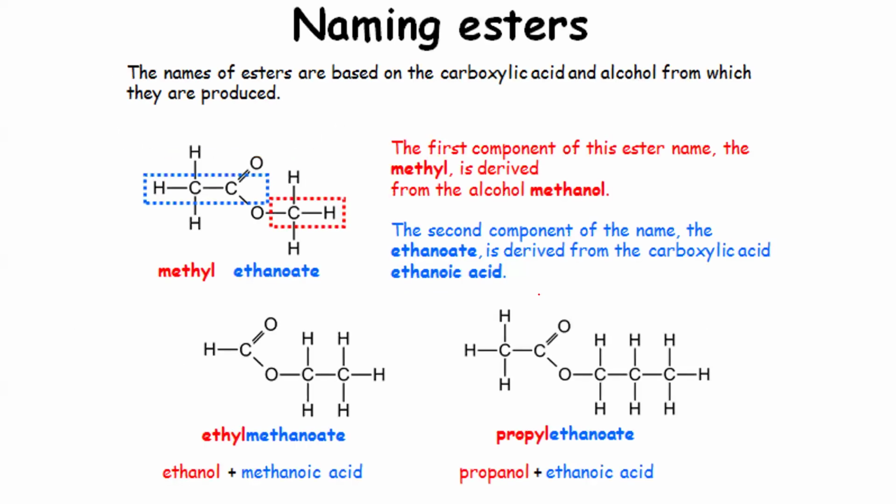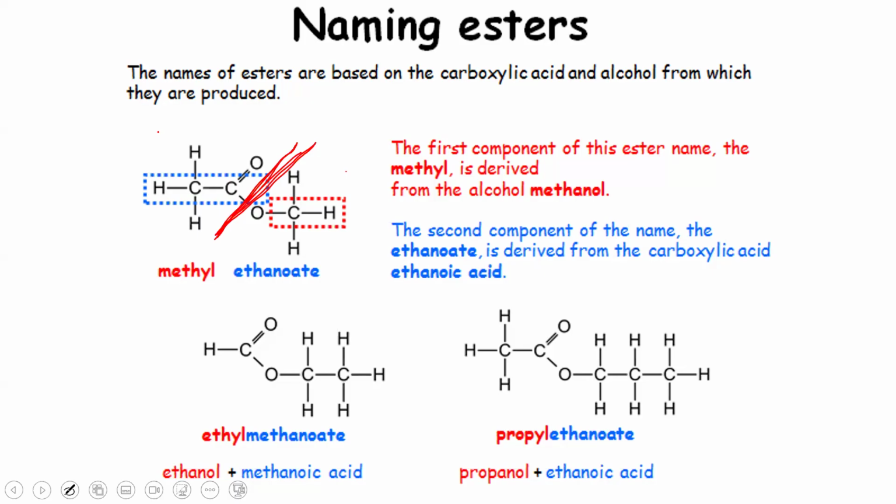Right. Now, what I'm going to do is go through what happens and then a little bit of the naming again. So we've got here esters. If you think about it, I've got an alcohol, which breaks there. I've got my alcohol on the right-hand side, and my carboxylic acid on the left-hand side.